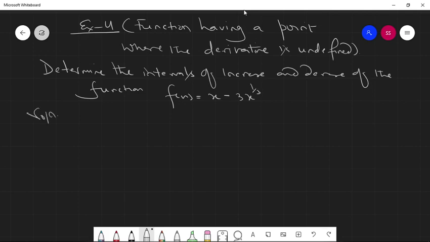And the solution here: f of x equal x minus 3 times x to the power 1 over 3.